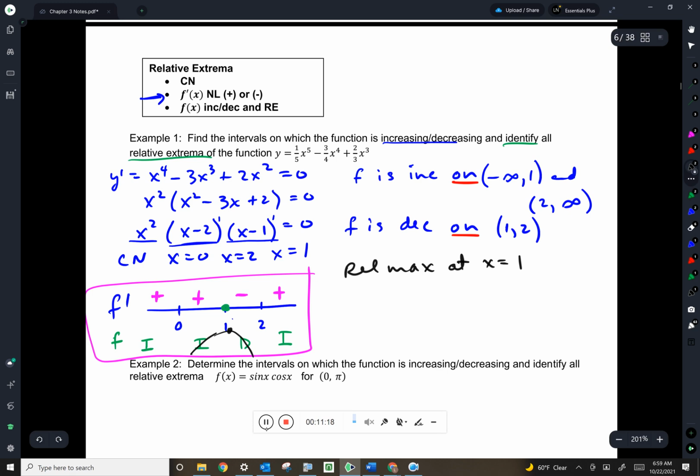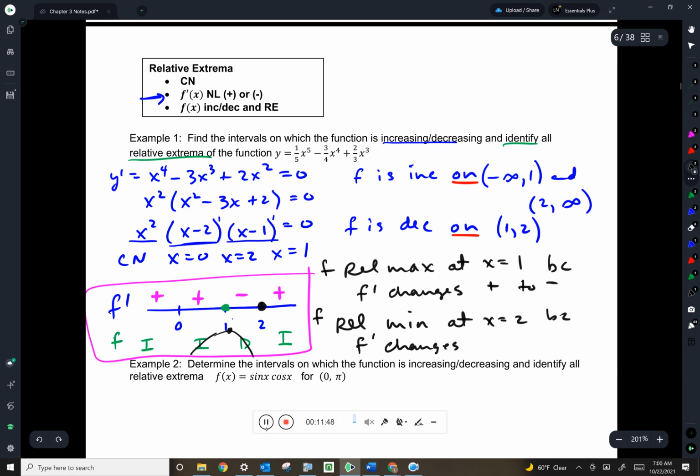Now, if this were the AP exam, you would have to go on to say because derivative changes from positive to negative. And notice the derivative right here at 2 changing from negative to positive, so f has a relative min at x equals 2 because derivative changes from negative to positive.